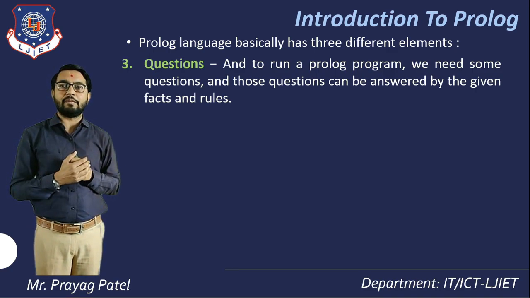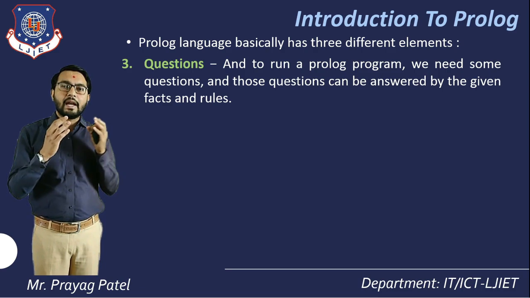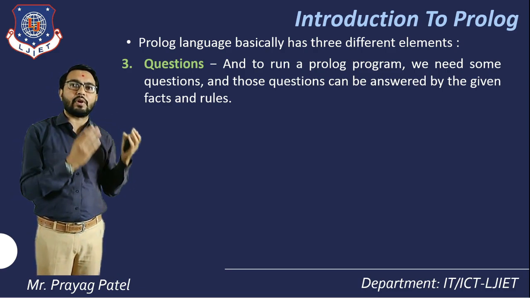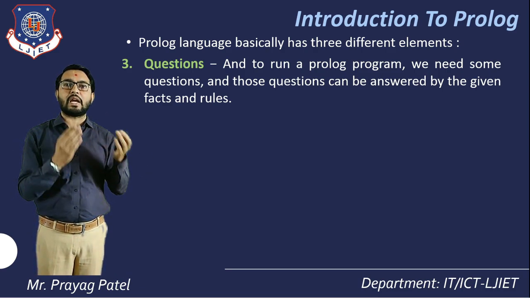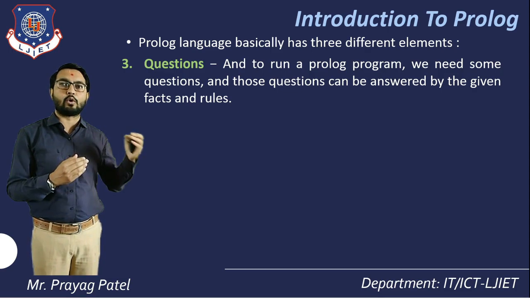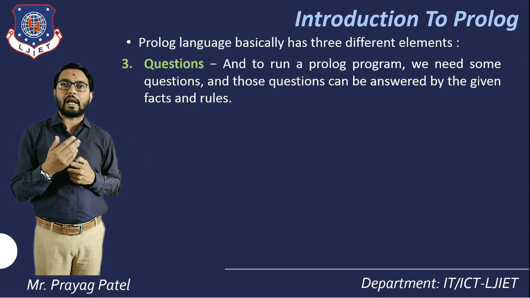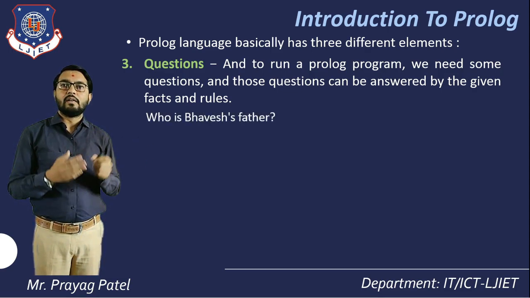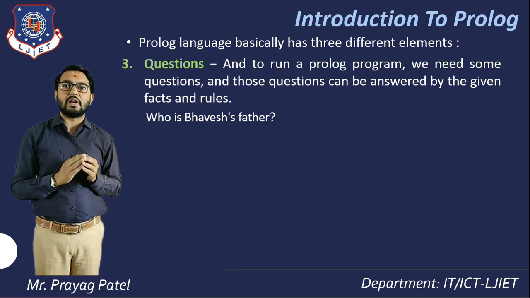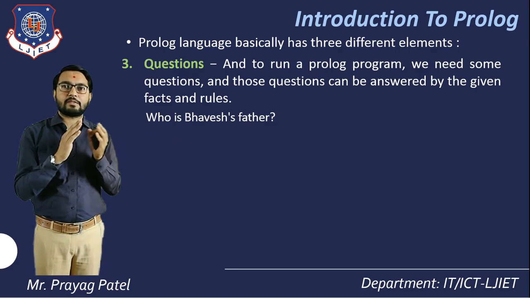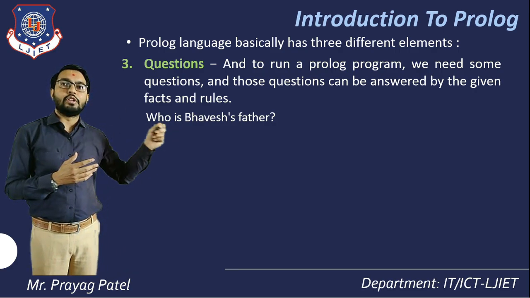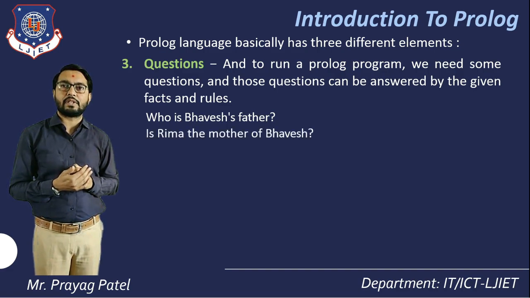So we already give the facts and rules to the system, and after that we give some question to the system, and the system can give the answer to us according to the given facts and rules. So for example, first question is, who is Bhavesh's father? This is an example of a question.